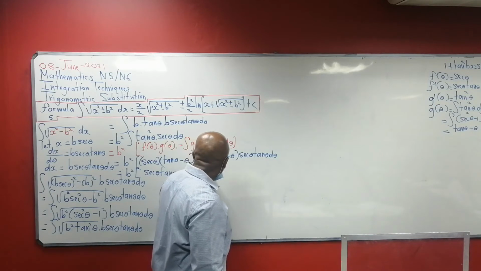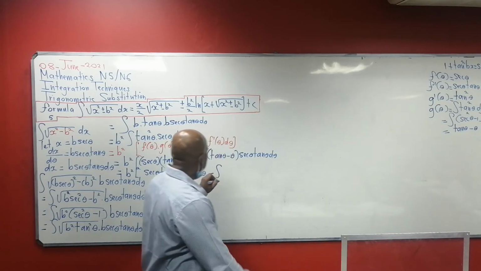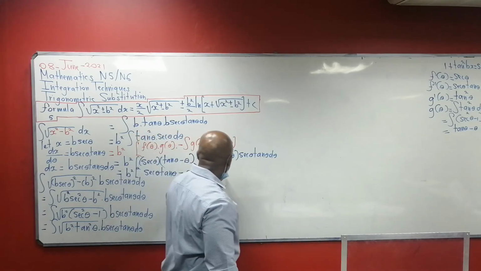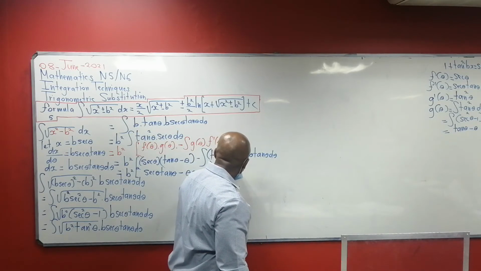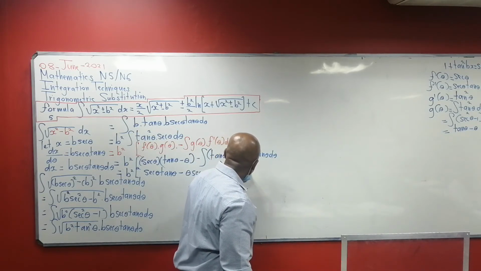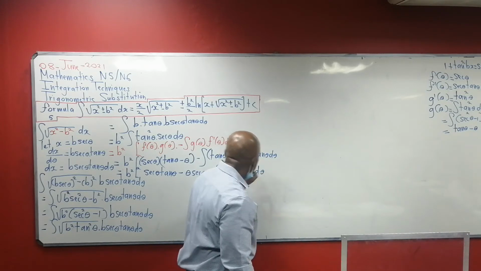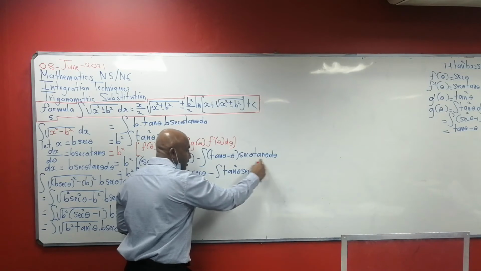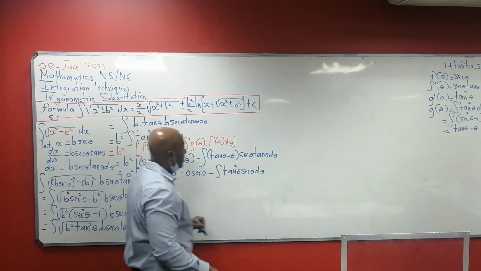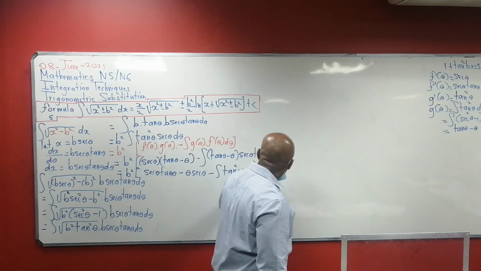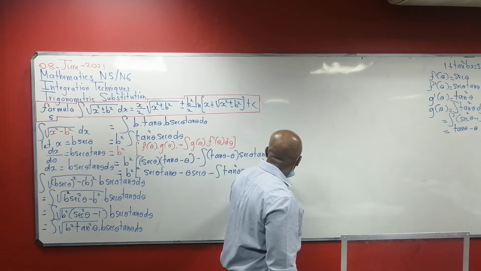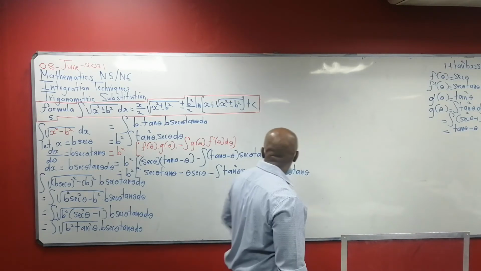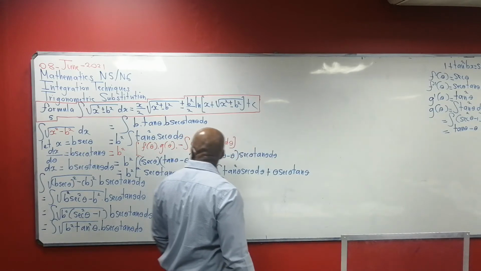So this is going to be minus the integral of, so sec tan times tan will be tan squared theta times sec theta d theta. And then minus sec tan times minus theta will be a plus theta times sec theta tan theta.